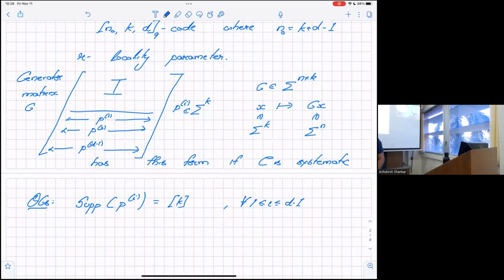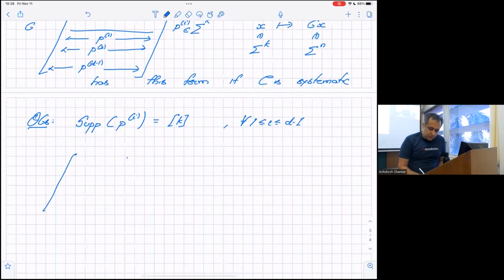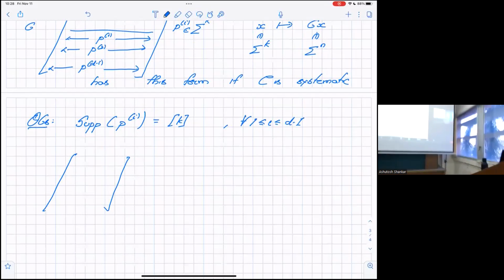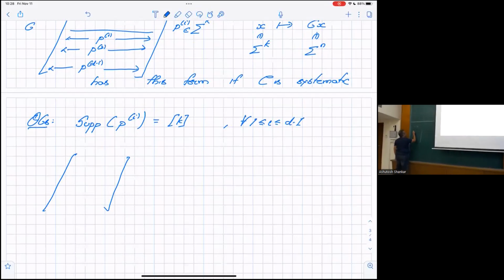Let's look at an example from the board. Think of K as 4. So we have I4 sitting here: 1 0 0 0, 0 1 0 0, 0 0 0 1, and then you have some more things.